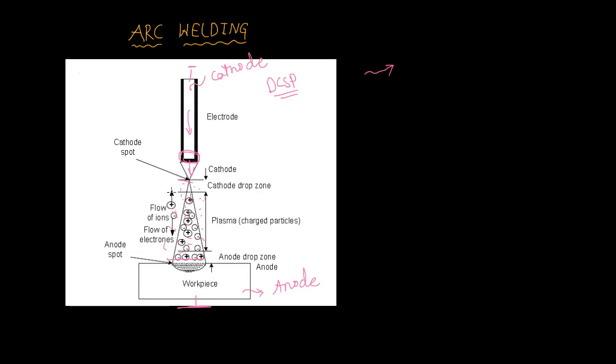So what will happen if the electrons break the air molecules? The air decomposes. That means the air will decompose into positive ions and negative ions, and that is called plasma. That is nothing but charged particles. We know plasma is the fourth state of matter.